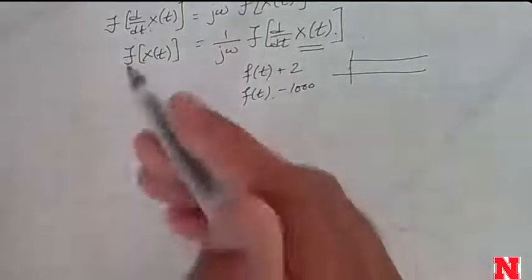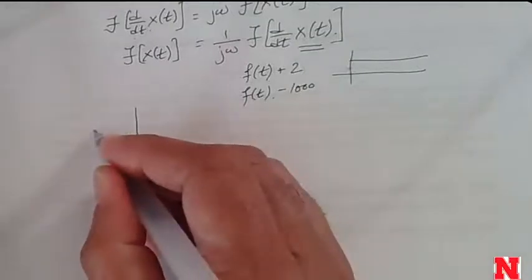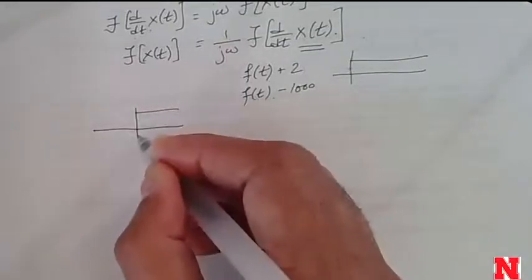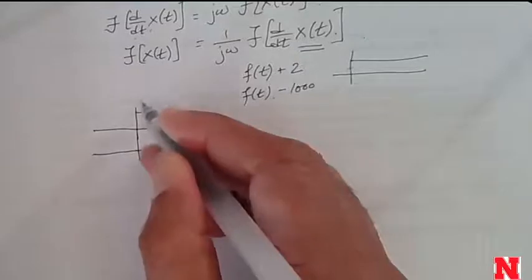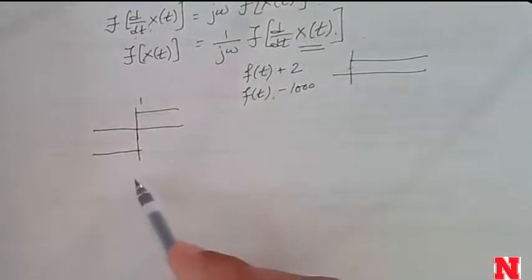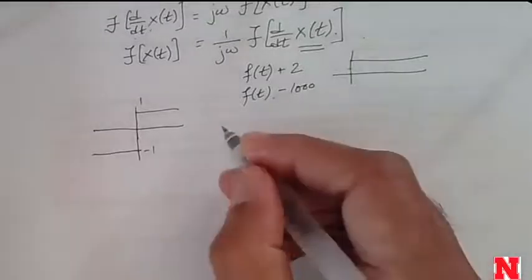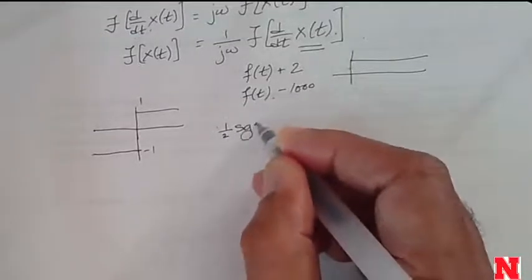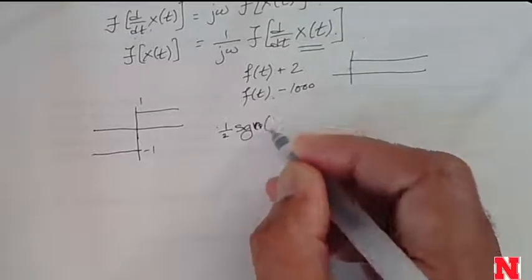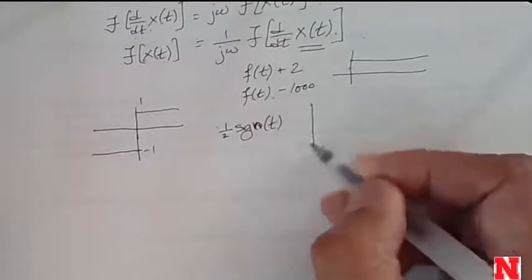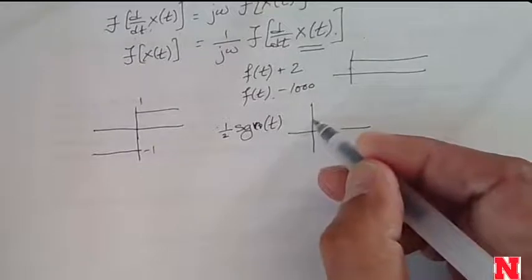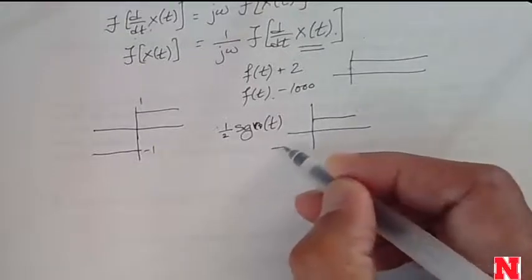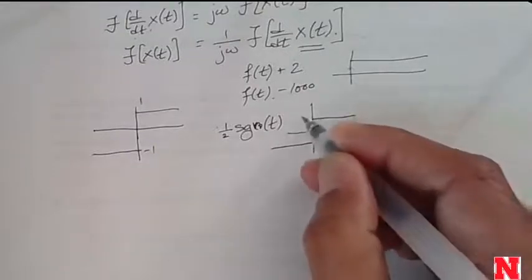However, I can do this. So here's the signum function, which is 1 for t greater than 0 and minus 1 for t less than 0. Let's take half of that. So let's take half of signum of t. So that's going to be a half here and a half here.